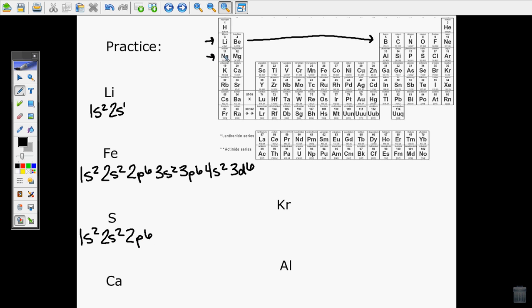Now I'm here, 3s2. 3p, 1, 2, 3, 4. Here's sulfur. 3p4. Alright, try calcium on your own and then check your answer.